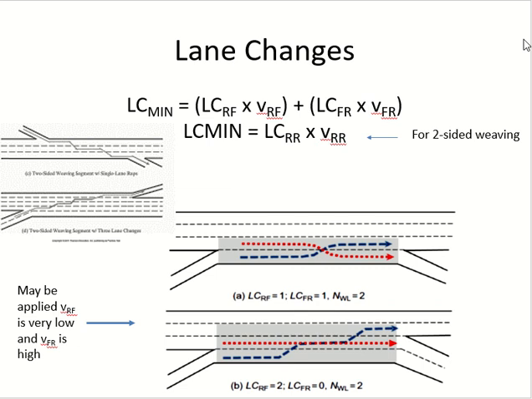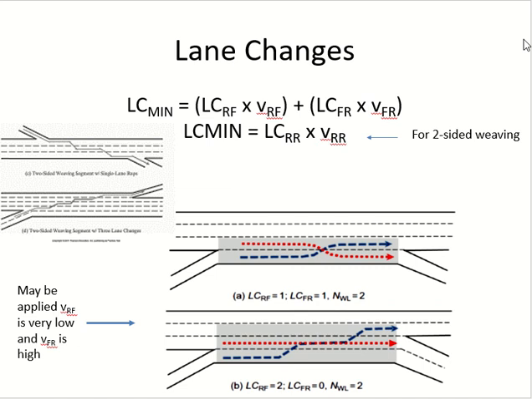People who are going from ramp to freeway, they have to make the change. Here, people who are going from ramp to freeway, they have to make the change. And people who are going from freeway to ramp, 0. So this will not be considered weaving. Freeway to ramp will not be considered weaving in this case.